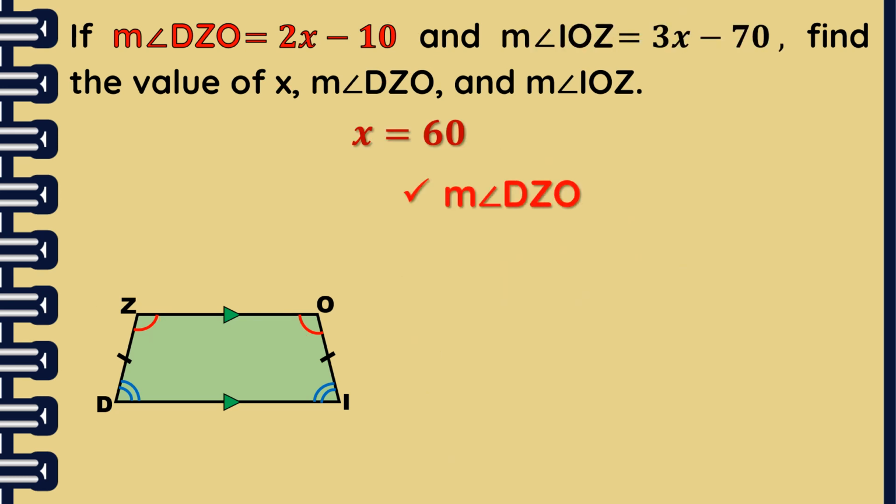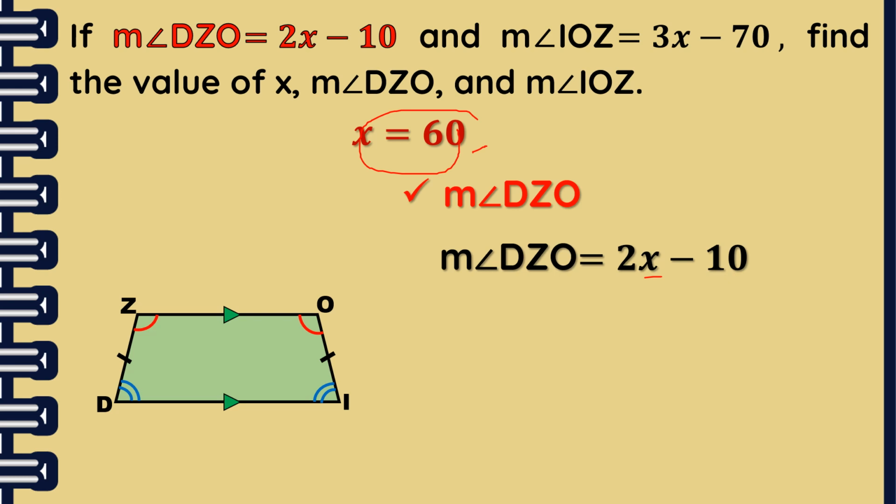We now solve for the measure of angle DZO since we already have solved for the value of x. Based on the given, once again, the measure of angle DZO is equal to 2x minus 10. All we need to do is to substitute the value of x, which is 60, to the variable x in the equation.